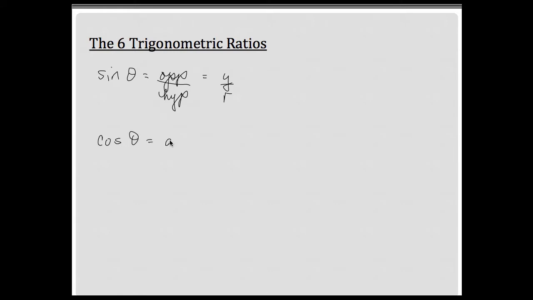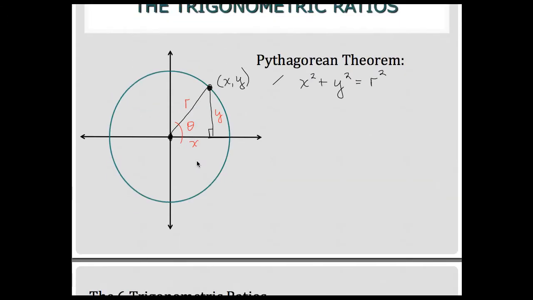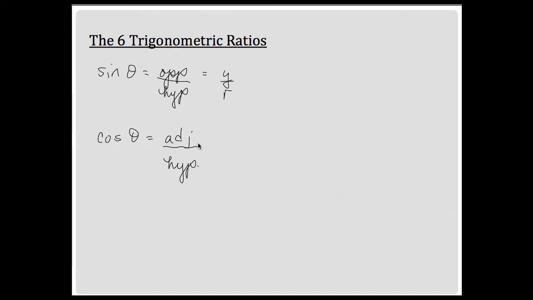Cosine, I'm sure you learned, is adjacent over hypotenuse. And if we go back to our triangle, the adjacent side to theta is x, and of course the hypotenuse is r, so that would be x over r.